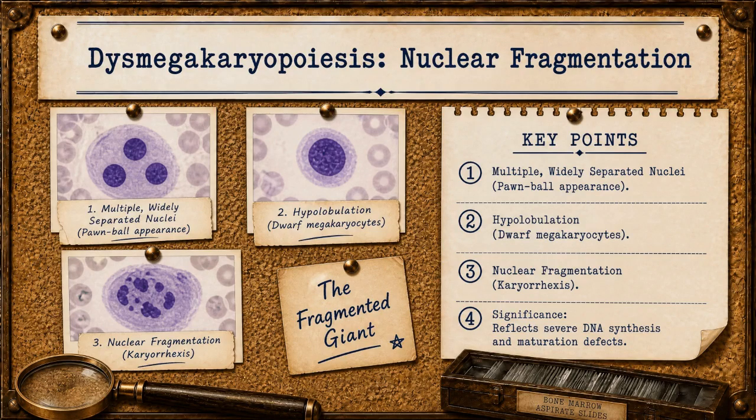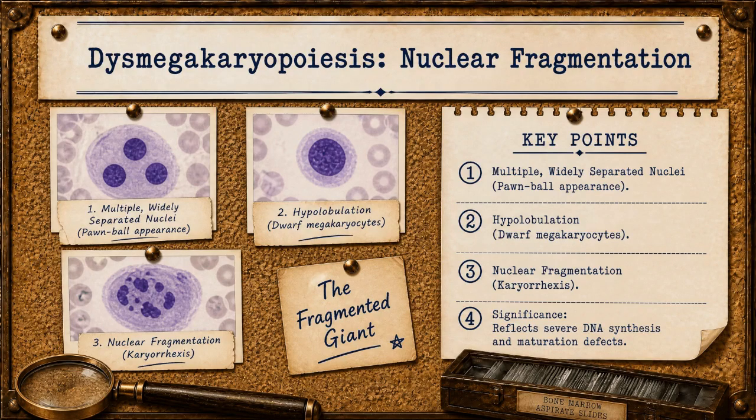We also see abnormalities in lobulation. Hypolobulated nuclei have fewer than the normal number of lobes, sometimes appearing bilobed or even unsegmented. Conversely, hyperlobulated nuclei exhibit excessive, often bizarre, and irregular lobulation, which can be quite chaotic in appearance. Both extremes indicate a problem with nuclear maturation.